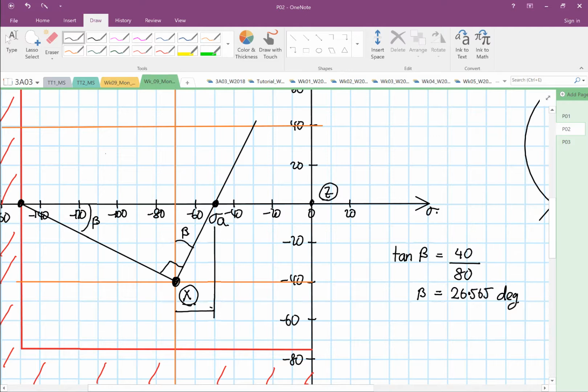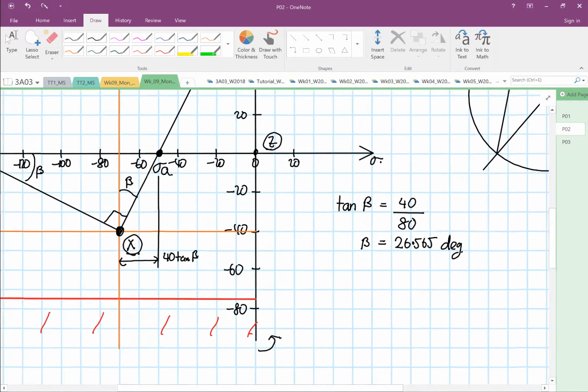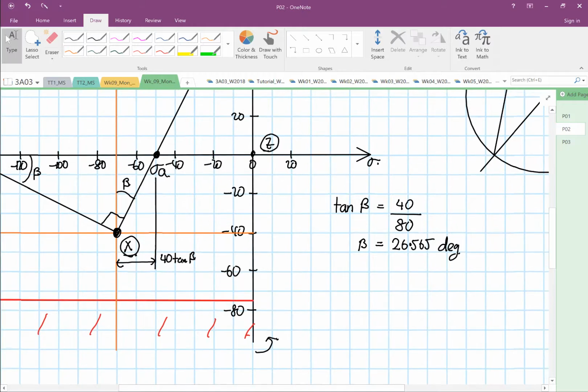is equal to 40 tangent beta. So stress A will be equal to minus 70 plus 40 tangent 26.565.